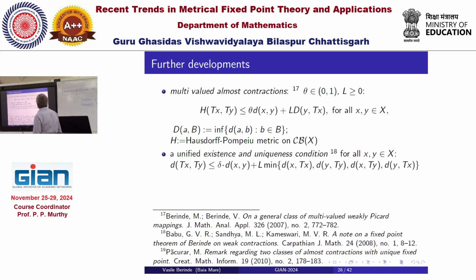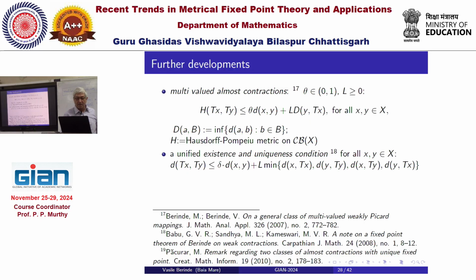He wrote a paper, and instead of the original condition for almost contraction, he used this. And this is a very interesting contribution, because if you remind, in the original condition of almost contraction, we have L times d(y, Tx). And he put this minimum, and what is interesting, this condition includes both existence and uniqueness of the fixed point.